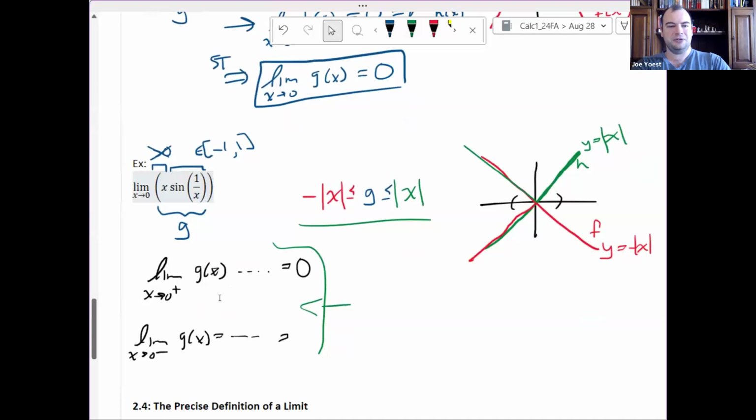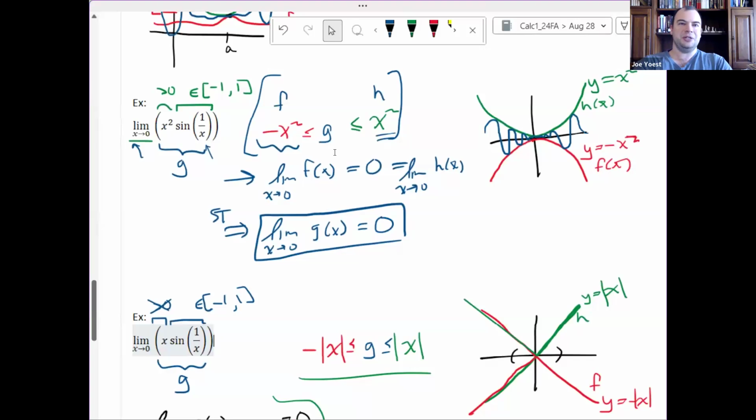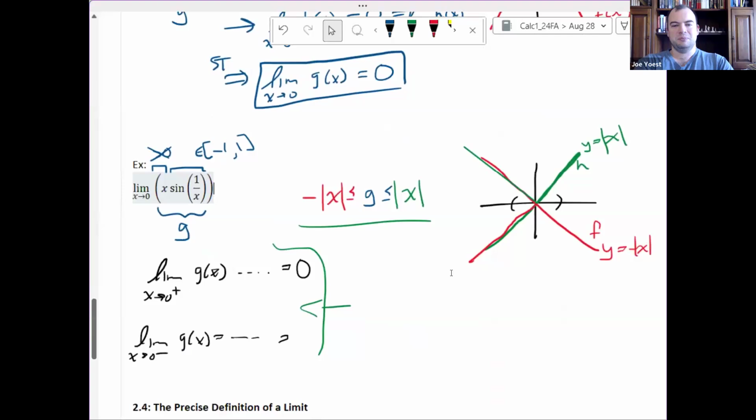The details, either if you do the one-sided limits or the absolute value deal, will look basically the same as the details up here. But we just have to be careful with this little nuance that because this x is able to be negative, we have to be more careful with when we're saying we have an upper bound versus a lower bound for g.